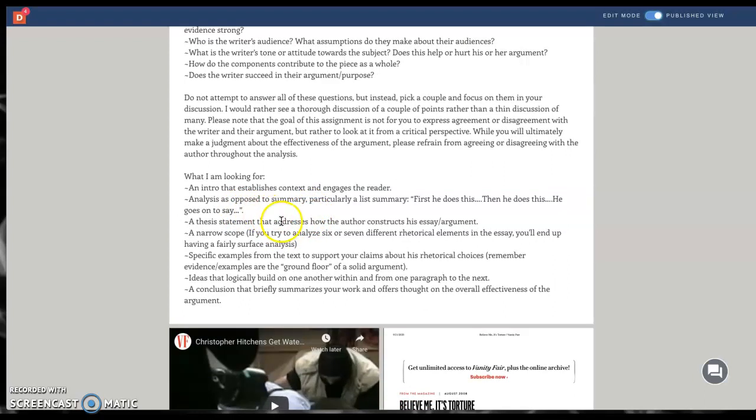So then, the things that I'm looking for within this, one of them is going to be an introduction. I will tell you that for essays 2, 3, and 4, we're going to be thinking about introductions, and actually for essay 1, about how do we capture our readers' attention, how do we give them a reason to continue reading as well. For this one and essay 3, it probably doesn't need to be a super long introduction.